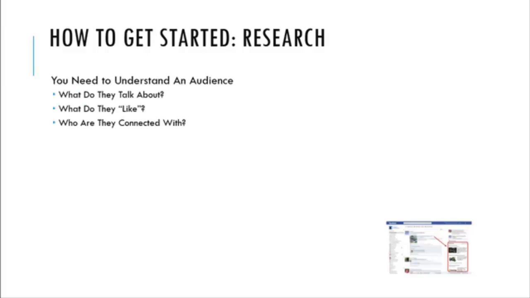Now, in order to do a proper amount of research before you start running campaigns on the Facebook ad network, you're going to want to understand your audience, and we talked about this in the first video.